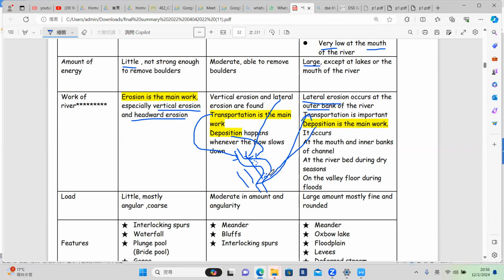Okay, just like the inner bank of the river, it occurs in the inner bank channel and also at the mouth that forms deltas. Okay, or even in the riverbed during the dry season, this can form a braided stream and also make up the braided stream.